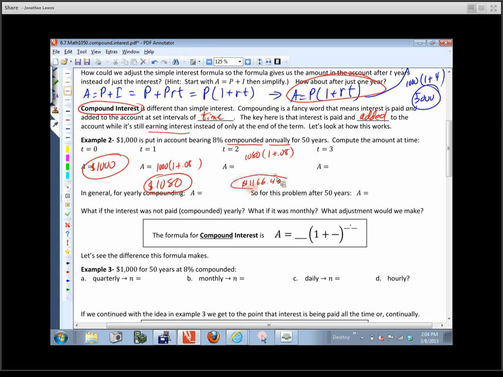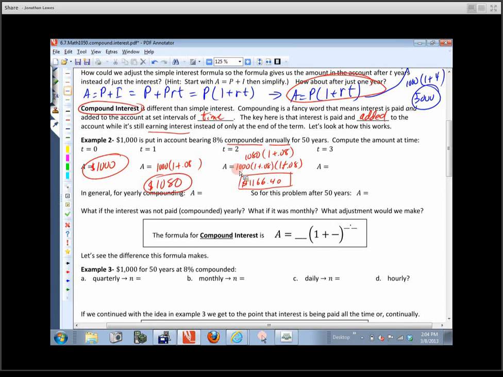Okay, now what I'm going to do is I'm going to rewrite this in a little bit different way. What I did here is I paid 108%, or that's how much was in the account, 1 plus 0.08. So instead of representing 1080 like this, I'm going to do 1 plus 0.08, and another 1 plus 0.08.